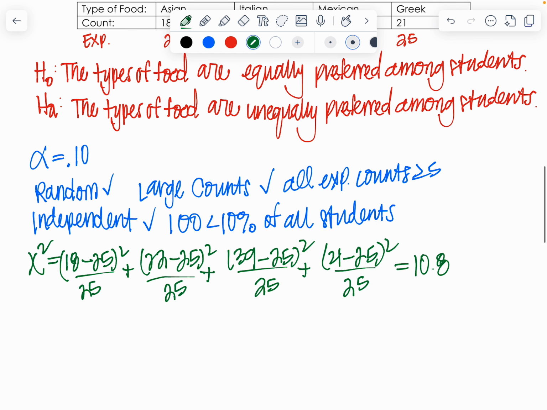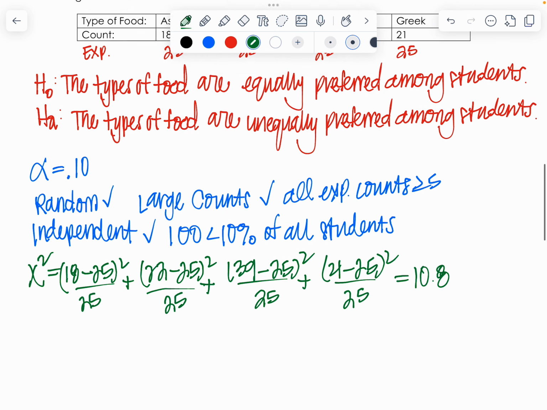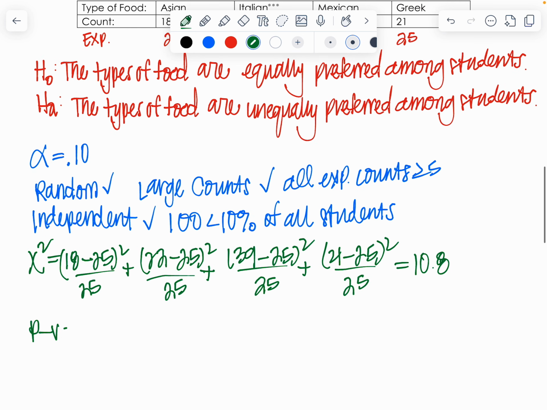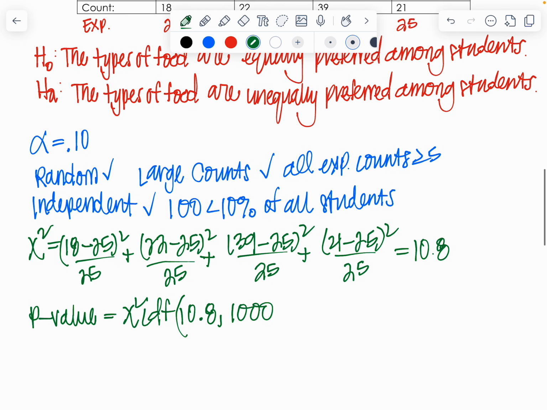All right, now we do our p-value. We do chi-squared CDF from that test statistic up to 1,000 with how many categories? 4 categories, so 3 degrees of freedom. Second vars, chi-squared CDF. We get 0.0128.